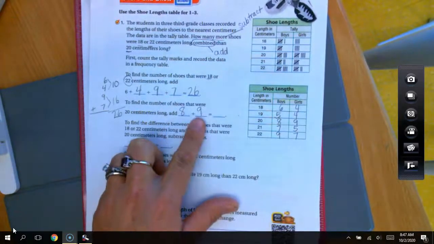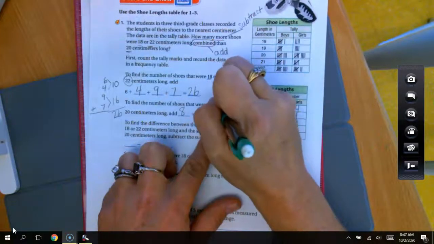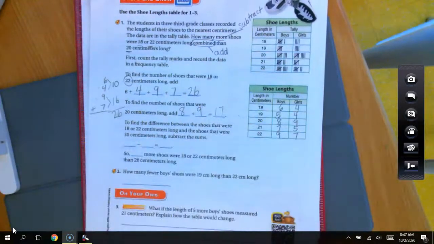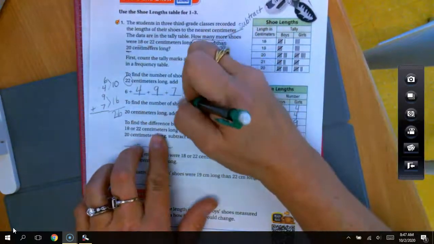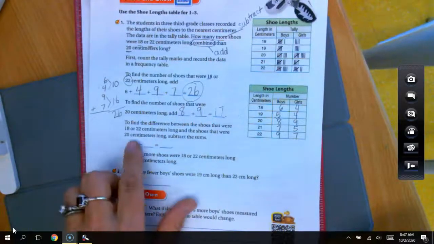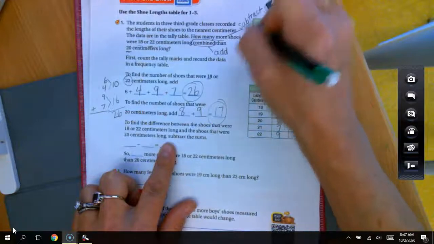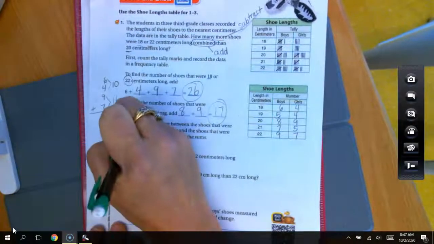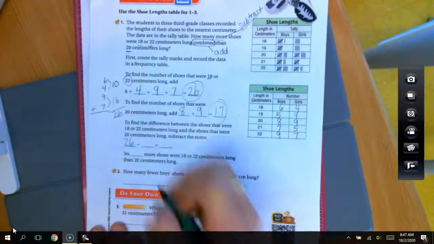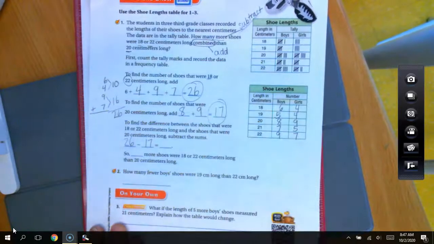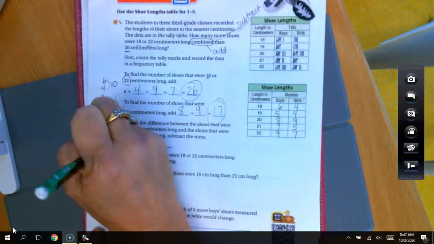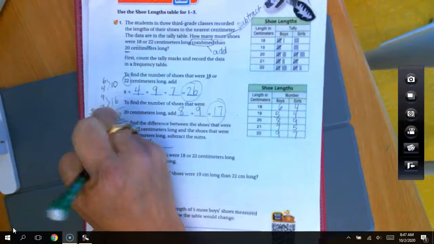I know that 8 plus 9 is, great job, 17. Now we need to find the difference between the shoes that were 18 and 22 centimeters, which we did, and the shoes that were 20 centimeters long. So I need to subtract. So I need to take 26 minus 17. Again, boys and girls, we cannot subtract sideways. So you need to come over here and stack it and subtract it.